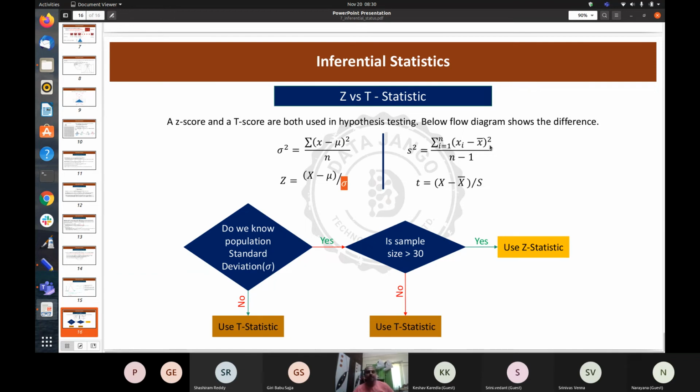When you take a sample and calculate the variance or standard deviation, you call it S. When you take the sample and calculate the mean, you call it X bar, or capital M. Similarly, when you do a test, you call it Z statistics or T statistics, depending on whether it is population or sample standard deviation.